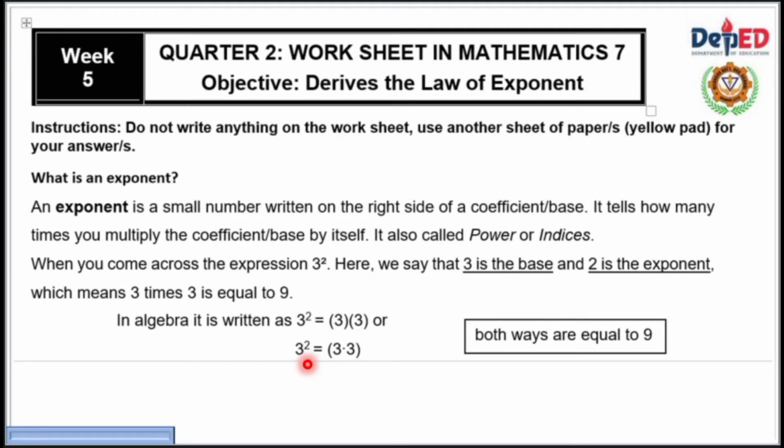Both ways are equal to 9. So 3 times 3 is 9, 3 times 3 is 9.